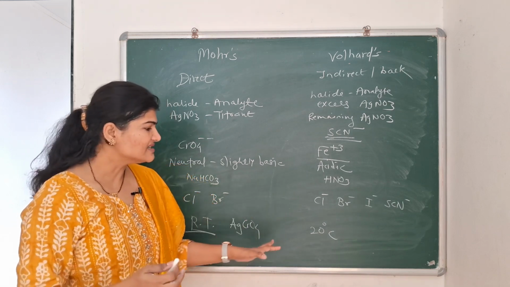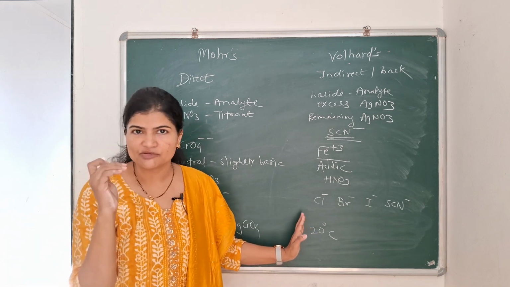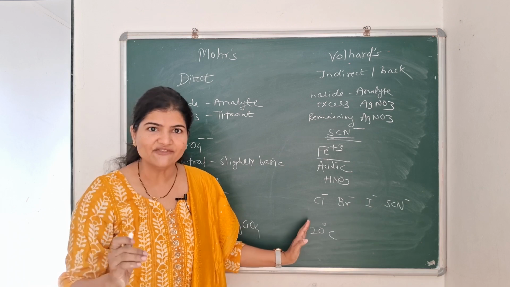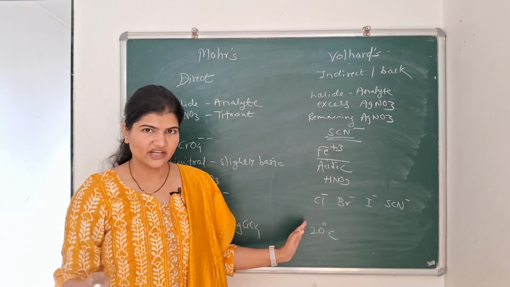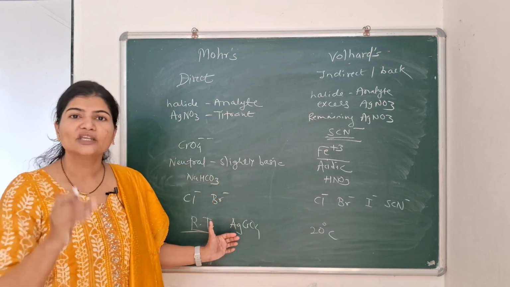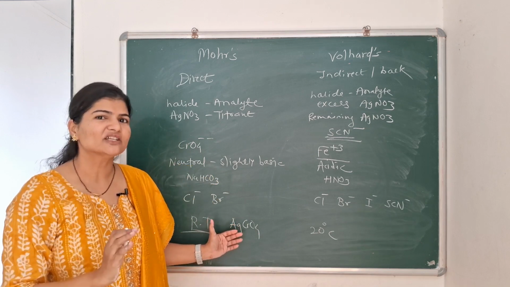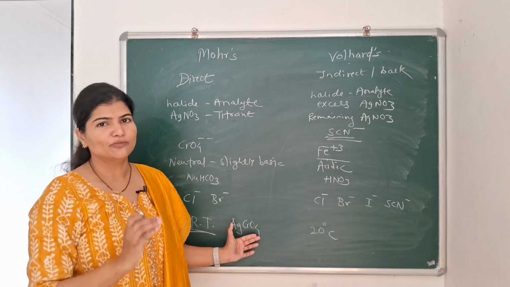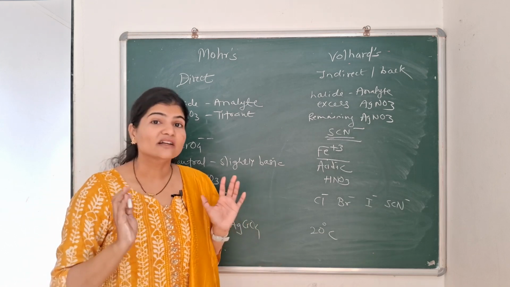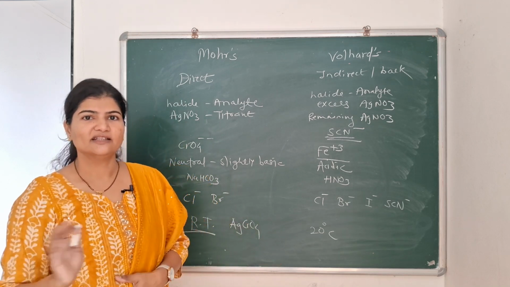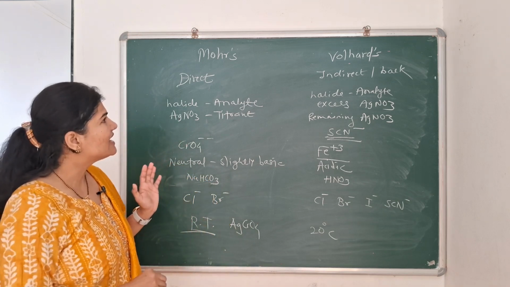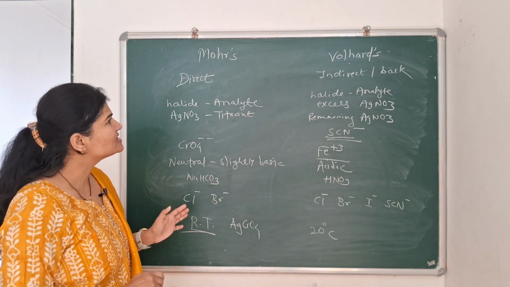So in this case we have to keep the temperature below 20 or 25 so that the color does not fade away, and here we have to keep the temperature at room temperature level, because the solubility of silver chromate is getting affected as the temperature is increased. I think we have covered all the points mostly.